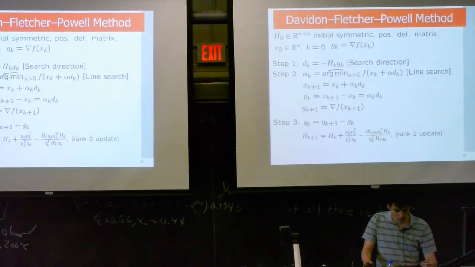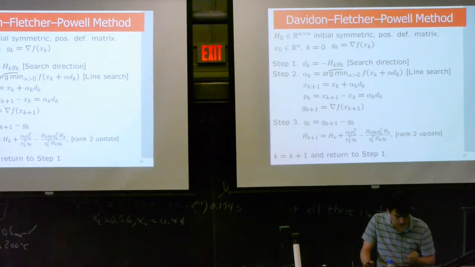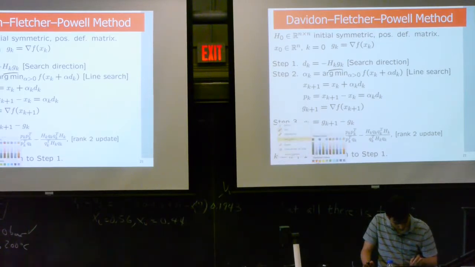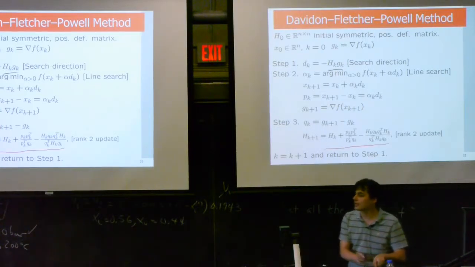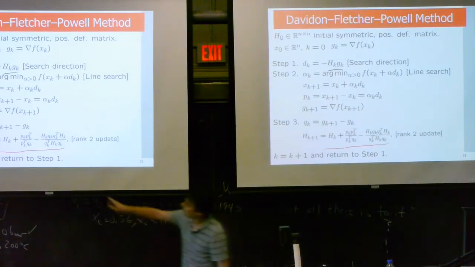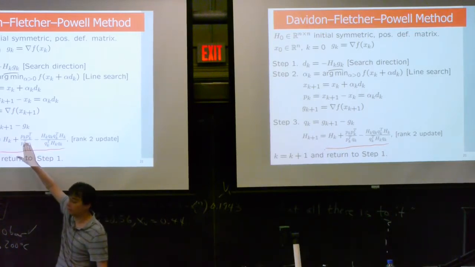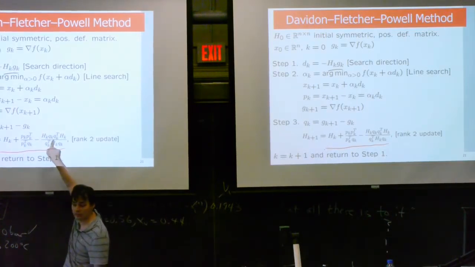And then you update your estimated inverse of the Hessian with this rank 2 update that we have here. It's a bit ugly, but you can see that it's a rank 2 update, right? You add this rank 1 matrix and this rank 1 matrix.